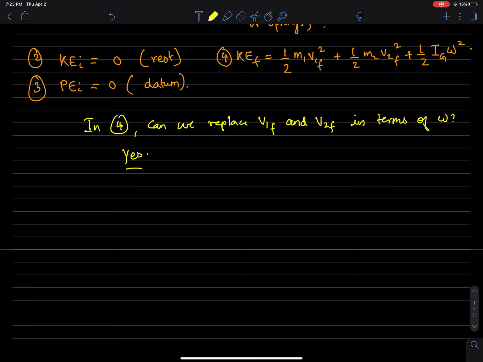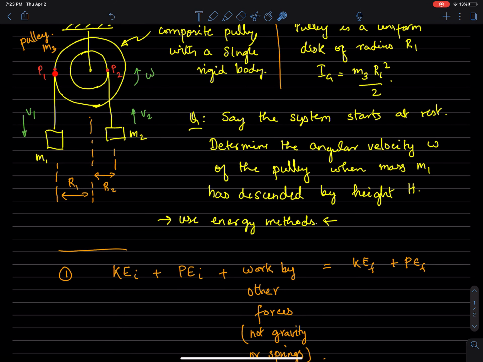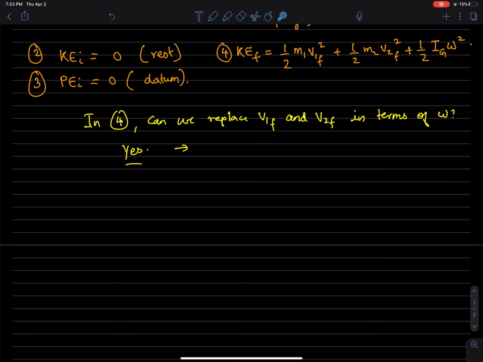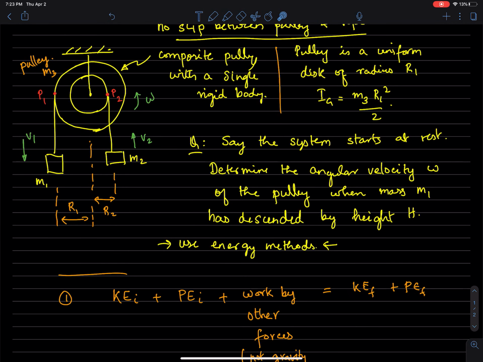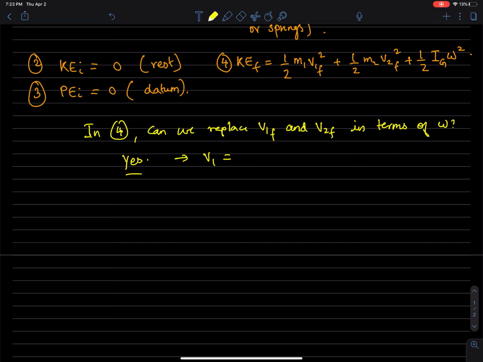First, we want to say V1 equals VP1 equals R1 times omega.